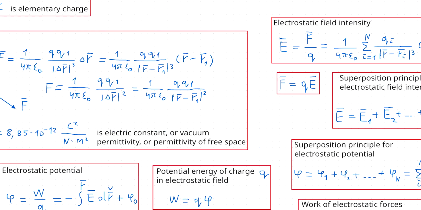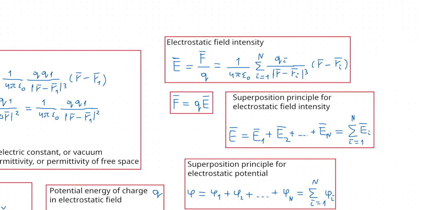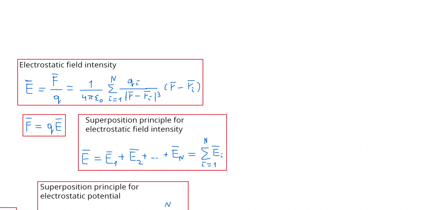So according to this formula, for example, for a point charge, we can write that the electrostatic field intensity of one point charge is equal to 1 divided by 4 pi epsilon 0, and here we have qi divided by the modulus of r minus ri to the power of 3.